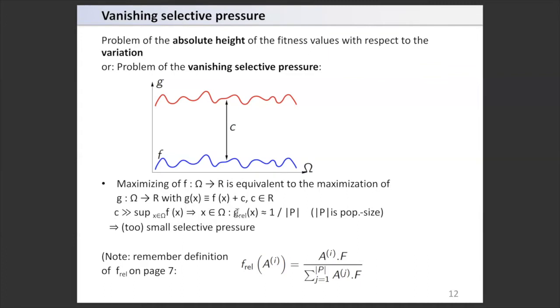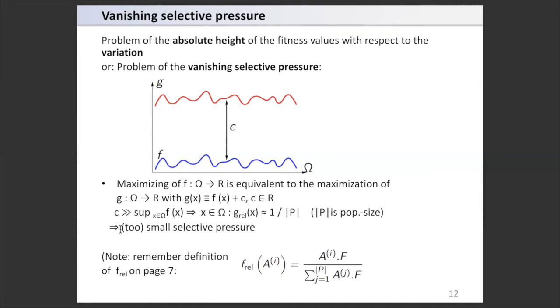If this is the case, then the relative g of an individual in the population will be equal to 1 divided by the population size. So if there are n individuals, each individual will have almost equal chance.